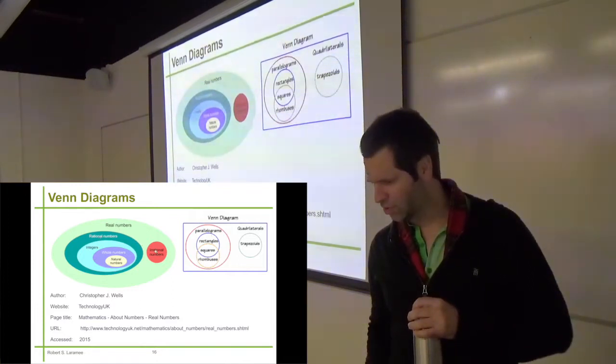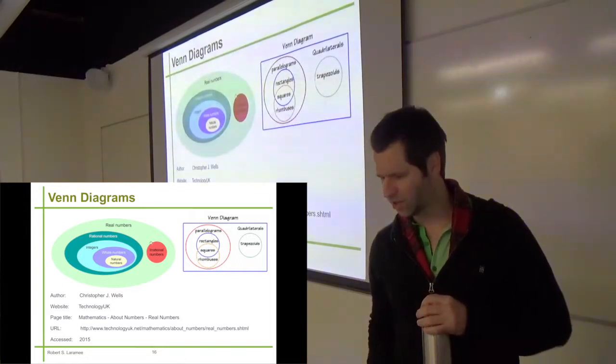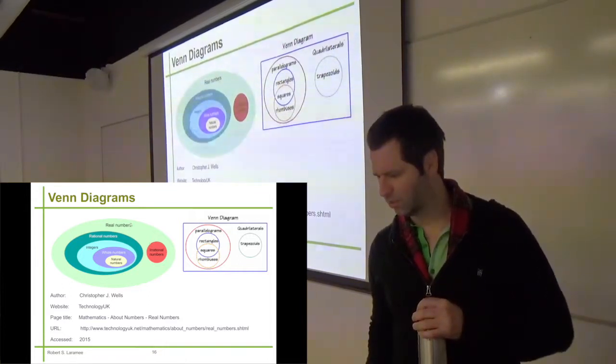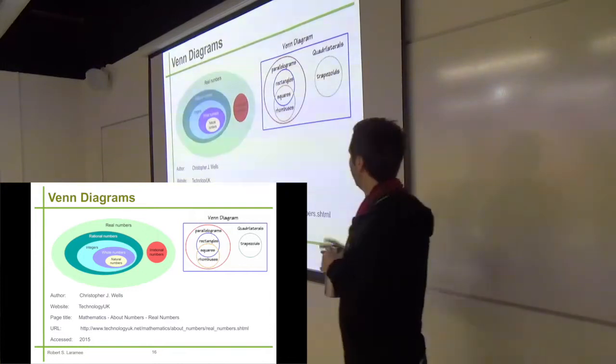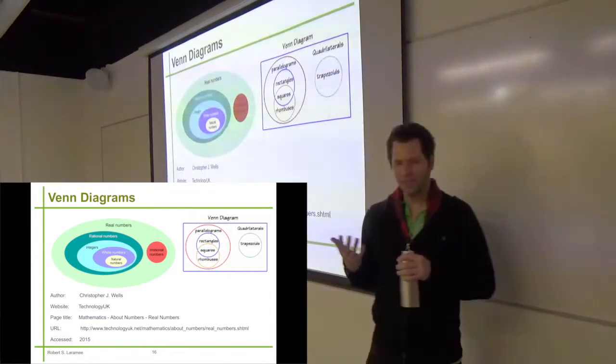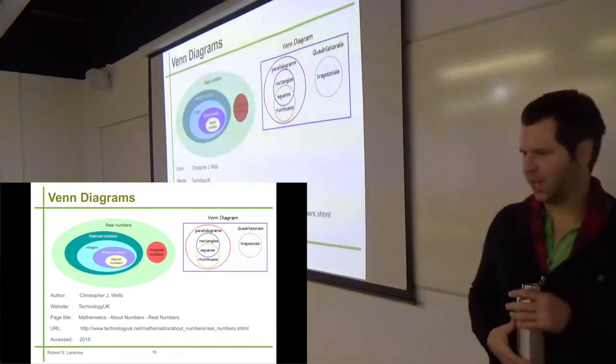Irrational numbers are also a subset of real numbers, and so on. So that's another kind of hierarchical representation. It's not very popular, but it can be used.